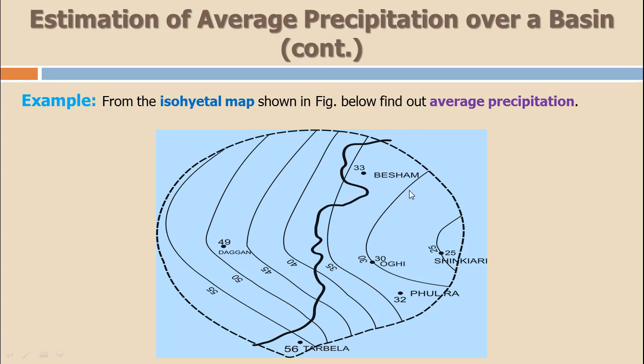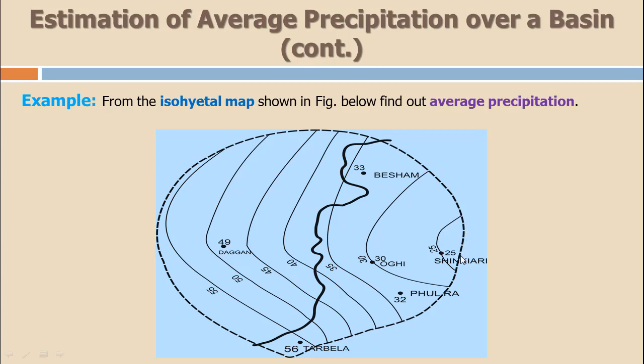For the Isohyetal method, you need an isohyetal map, which is already given over here. So first we will assume some precipitation for this boundary and similarly for the last boundary. For the first boundary, we will assume the same value as the first isohyete value, 25.